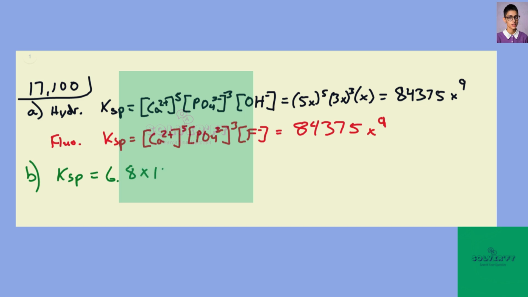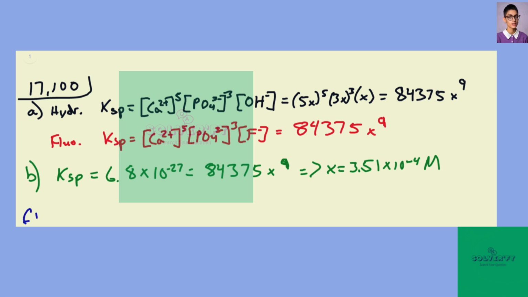So Ksp for the hydroxyapatite is 6.8 times 10 to the minus 27, which is equal to, as we just calculated, 84,375 x to the 9th power. So we divide both sides by 84,375 and then take the 9th root of both sides, and we get x is equal to 3.51 times 10 to the minus 4 molar.